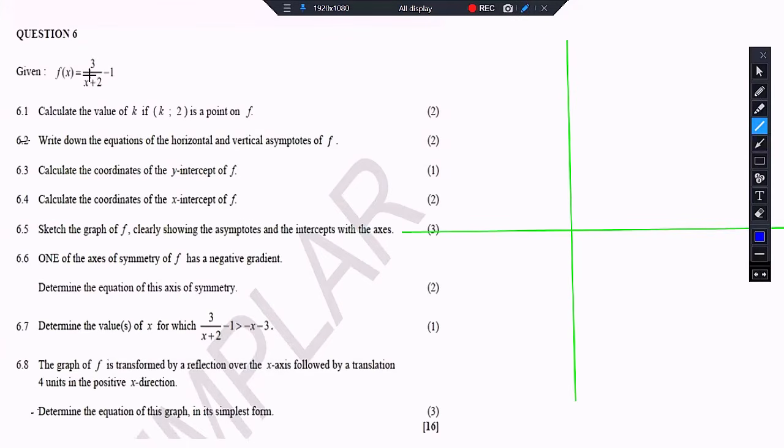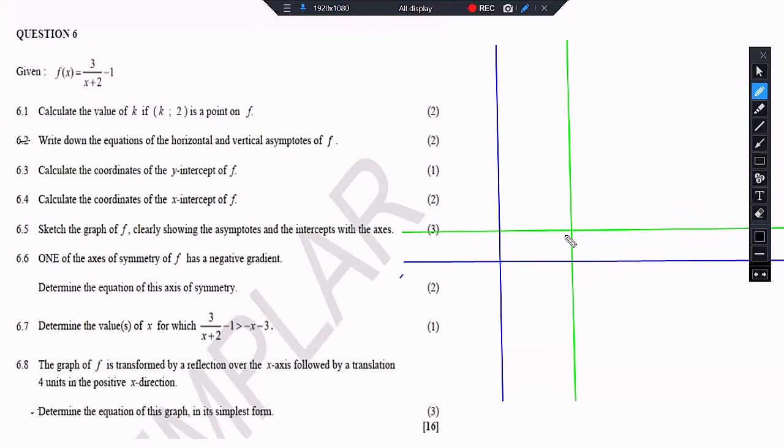So we have our asymptote, we said at -2. So that's the vertical asymptote there. And then we also have another one at -1, which is the horizontal asymptote. So let me put it closer there.